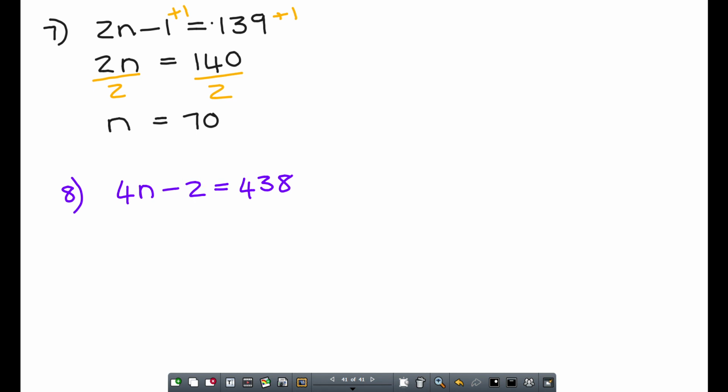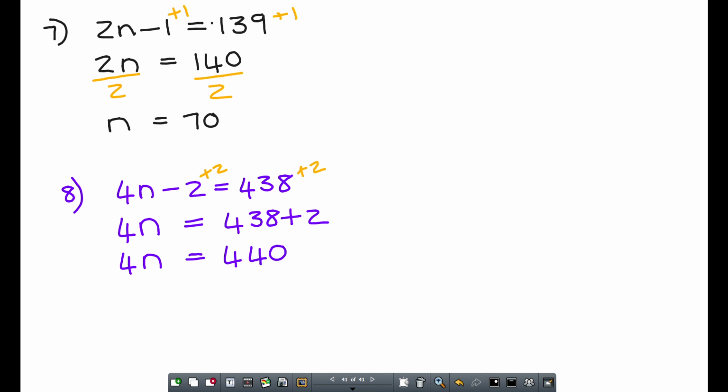I'm first going to get rid of this minus 2, so I'm going to say plus 2 on both sides. So 4n minus 2 plus 2 is 0, so that's why I don't write anything else there. And then 438 plus 2 gives me 440. Now I've got to get rid of that 4. So I'm going to divide by 4 on both sides. So that means that n will be 110.